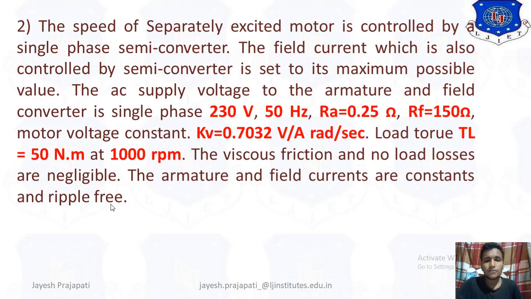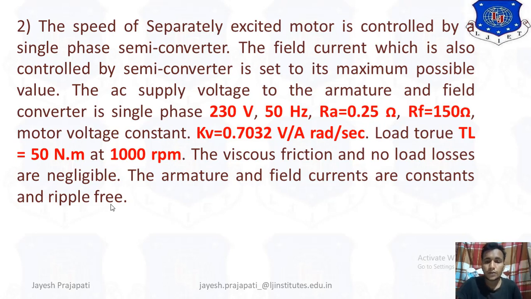The AC supply voltage to the armature and field converter is single phase 230 volt 50 Hz, and armature resistance RA is equal to 0.525 ohm, RF 150 ohm, motor voltage constant kV is equal to 0.7032 volt per ampere per radian per second, load torque TL 50 Newton meter at 1000 RPM.